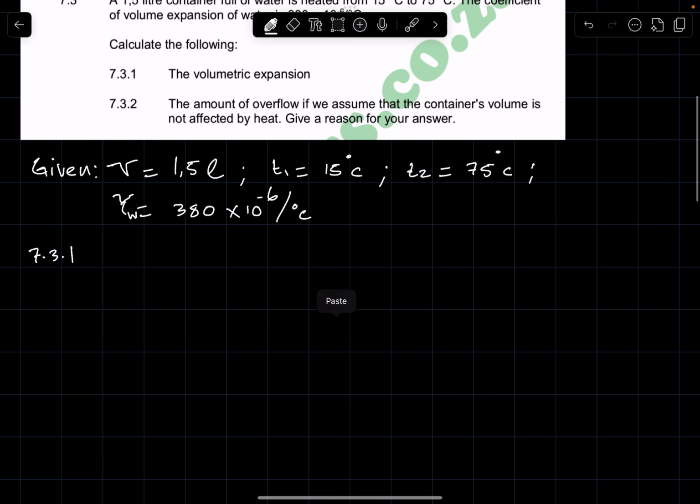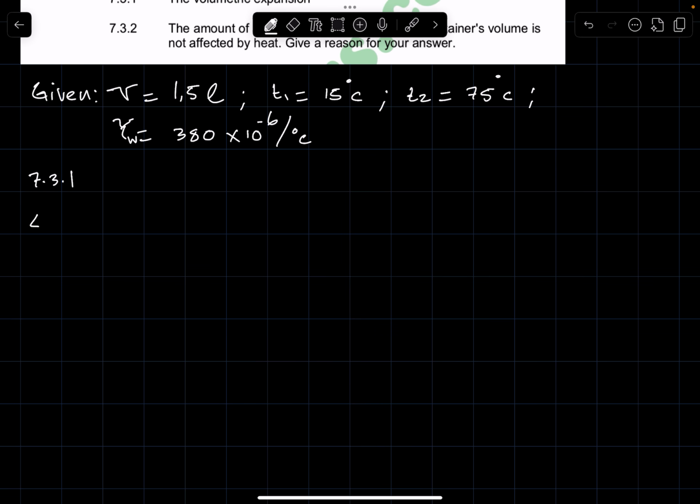So saying that they want us to calculate the volumetric expansion, volumetric expansion is the change in V. Change in V is equal to gamma, which is the volumetric coefficient of expansion, times the original volume times the change in temperature.